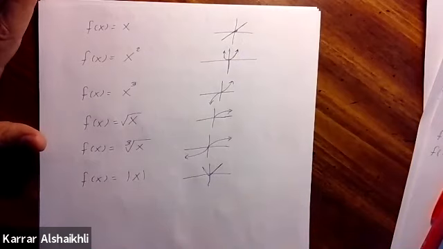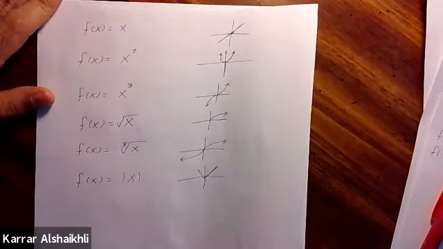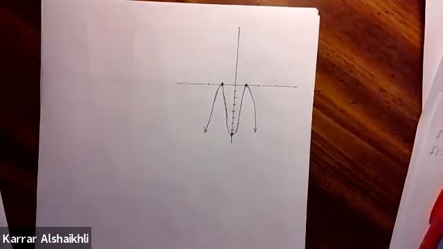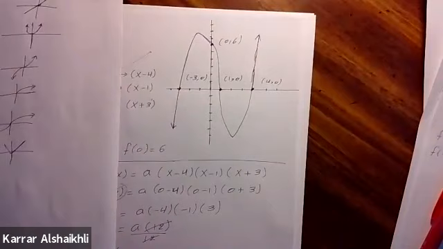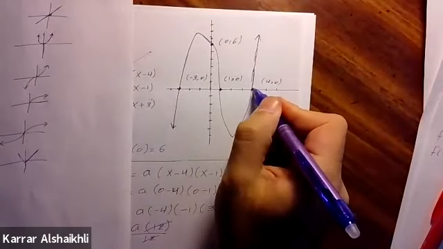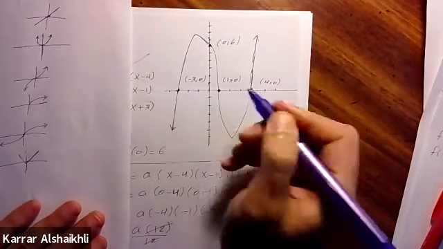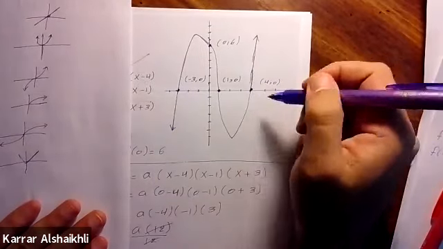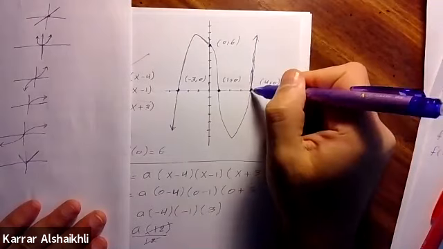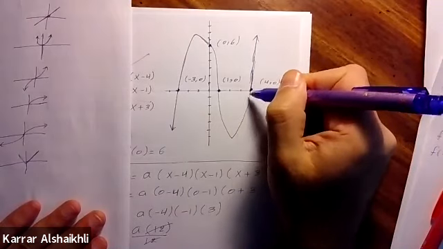If we go back to the previous example and analyze it, always check the points, the x-intercepts, and the graph at these points. If you check this one, it's just a line from here and a curve from this side.